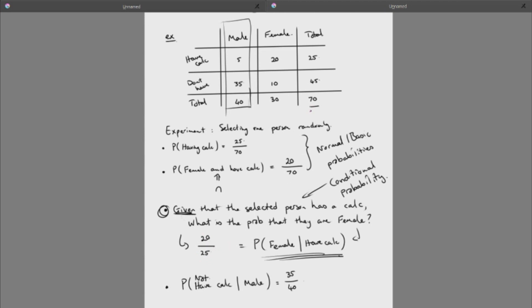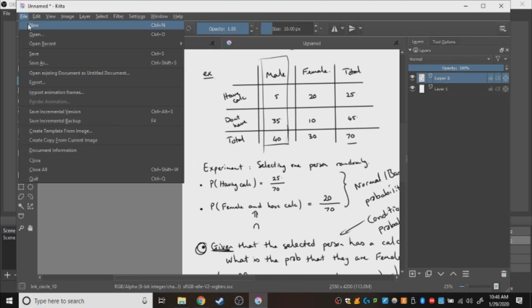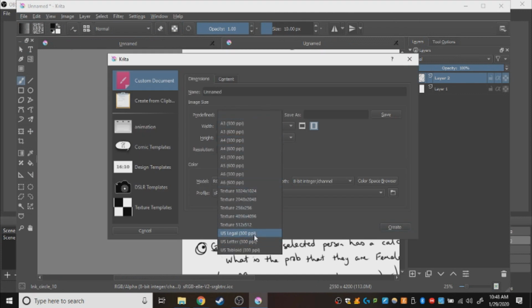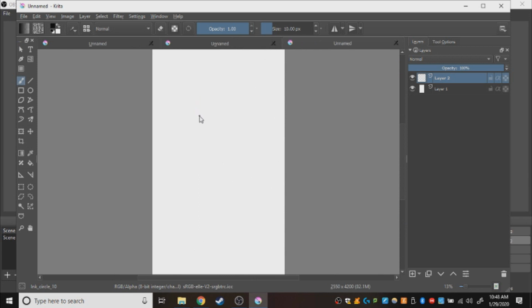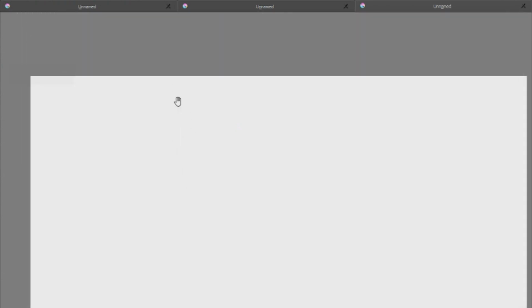The conditional probability can be a little complicated in those situations, but there is a way to make it simpler. Let me just zoom in here for a new page. Right now, because we have the table, it's going to seem a little unnecessary, but soon it won't be.